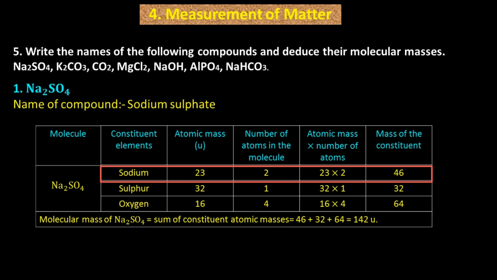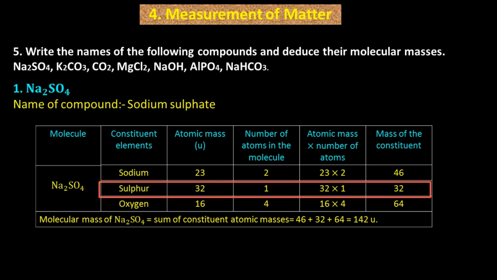So the mass of the constituent is 46. Now sulfur. So atomic mass is 32. Number of atoms in this compound is 1. Therefore 32 multiplied by 1 is equal to 32.